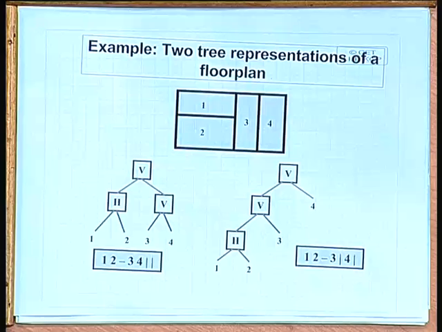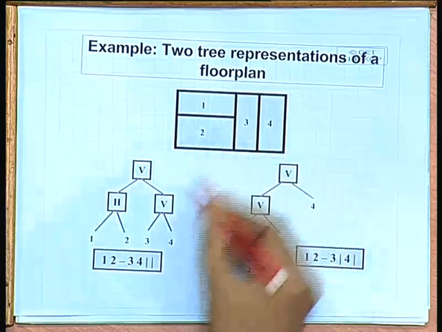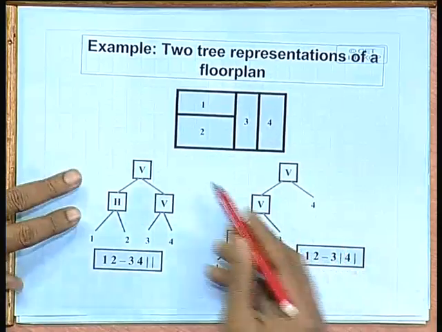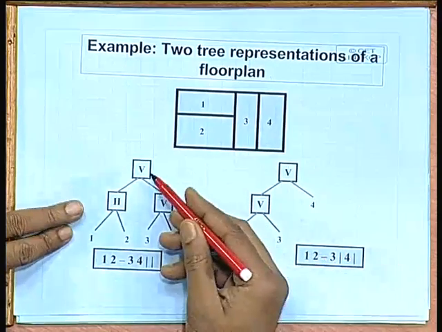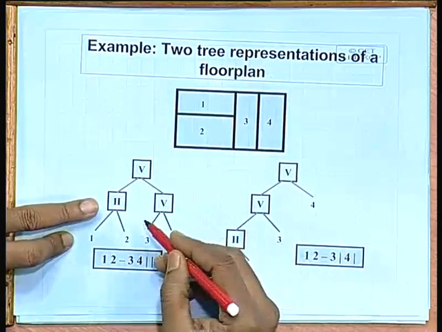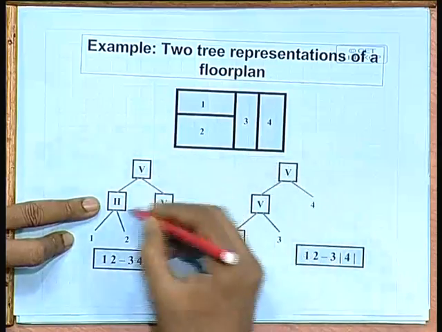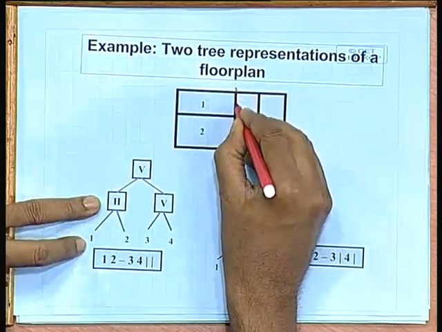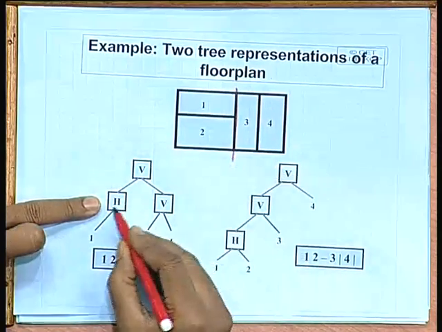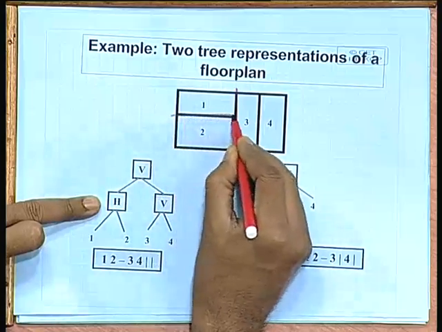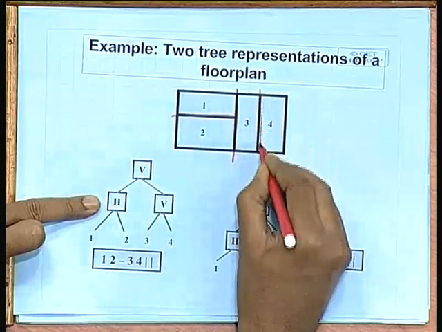Now, you see that this particular floor plan can be represented by 2 alternate sequences of slices. Well, in the first one, the first slice is this vertical slice in the middle, then on one side you make a horizontal slice, on the other side you make a vertical slice.